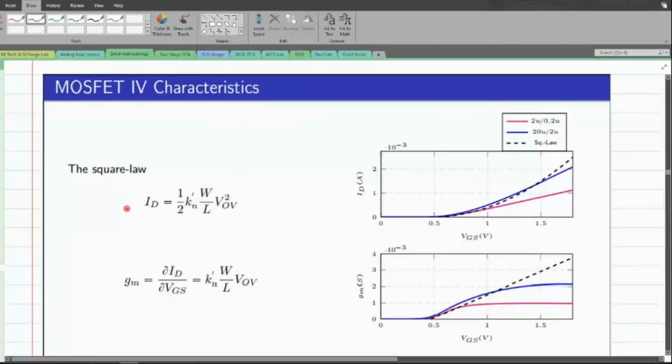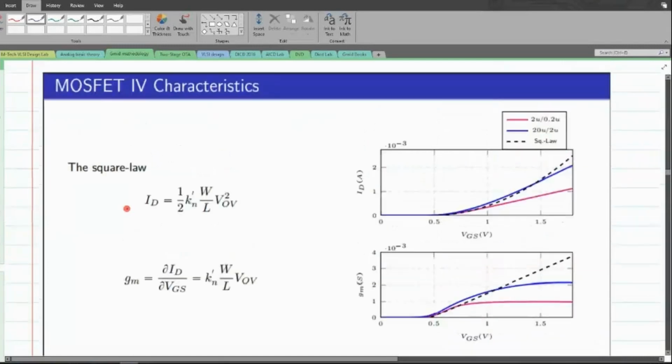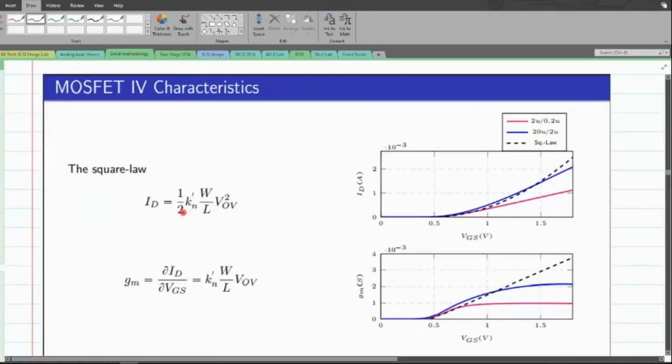I have written down the square law relation towards the left side, and I have also represented the corresponding current components towards the right side. What is important is that the current ID is proportional to VOV square. Based on this, when I plot the graph, you would see that the square law is shown with a black dotted line.